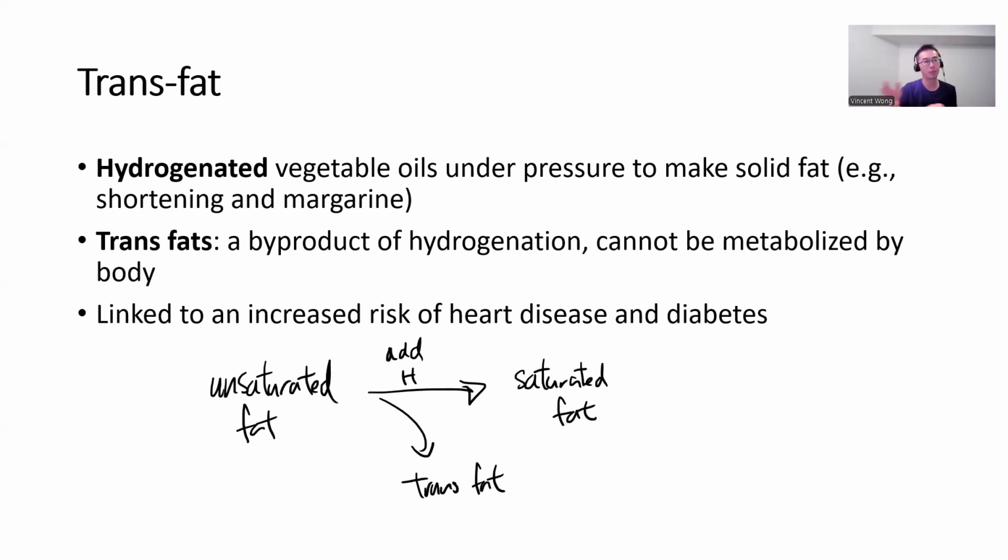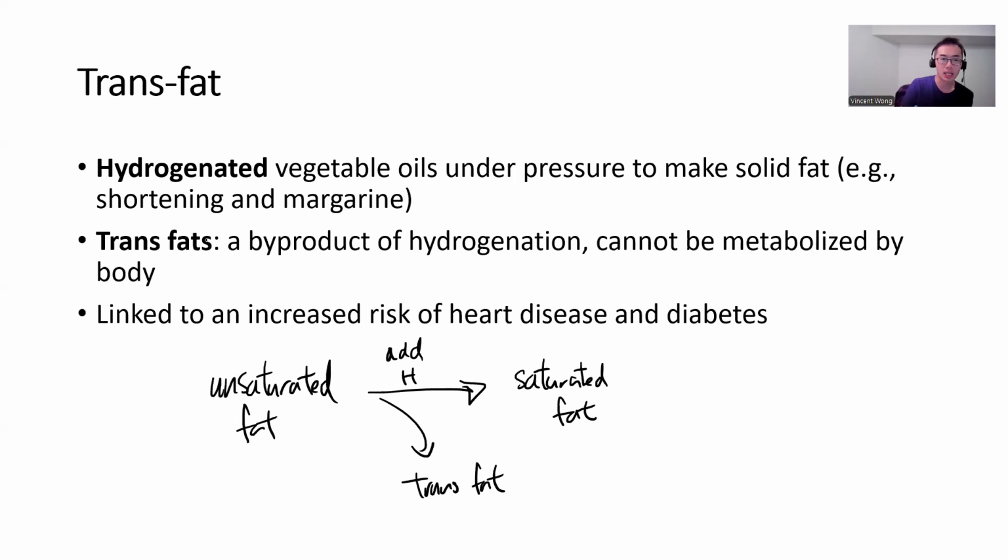Do you know that margarine product, I Can't Believe It's Not Butter? It's true, it's not butter, because butter is the natural form of saturated fat. This one is converted, processed to be in that spreadable form.